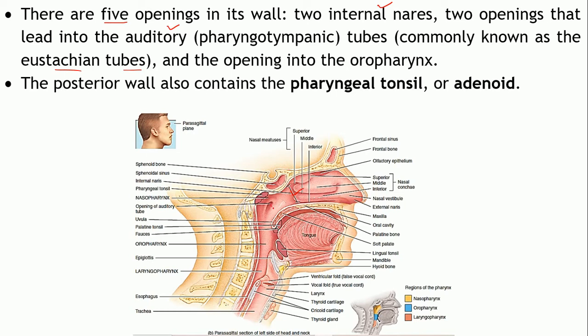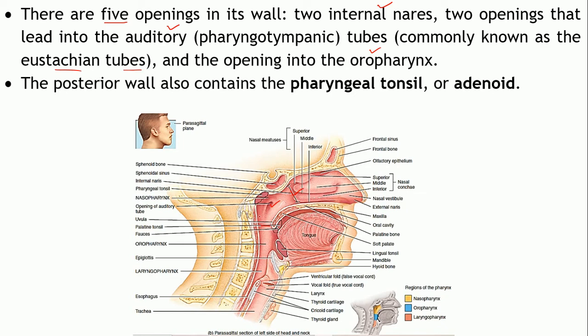That's the opening of your auditory tube into your nasopharynx. There will be 2, one for each side, right and left ear. Also there is the opening into the oropharynx, the next part. So that's the 5th opening: 2 internal nares, 2 openings of the auditory tubes, and 1 opening towards the oropharynx.